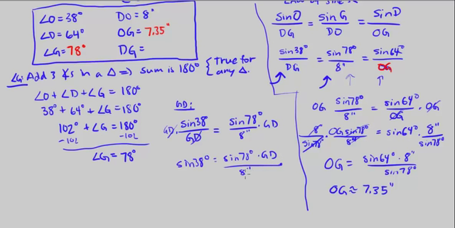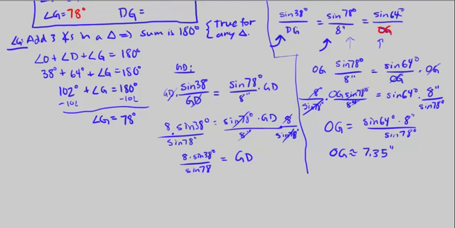So I want to multiply by 8 to cancel this 8 in the denominator and divide by sine of 78 degrees to cancel this. So I have to do that on both sides. Right, so this is going to cancel out, this will cancel out, and we're left with GD is equal to 8 times sine of 38 degrees divided by sine of 78 degrees.